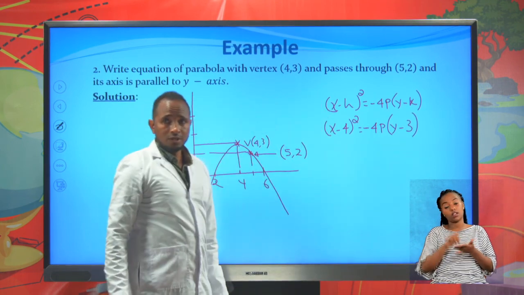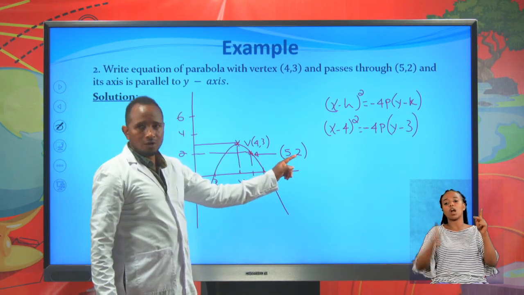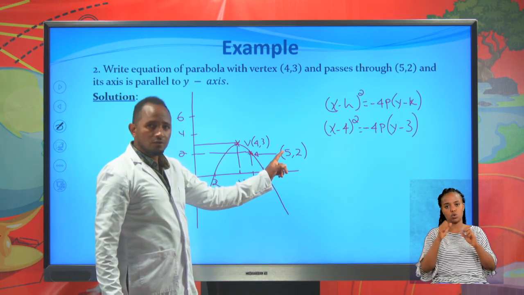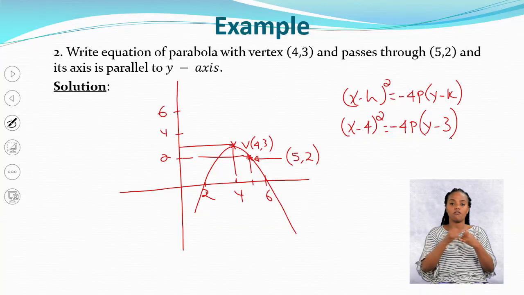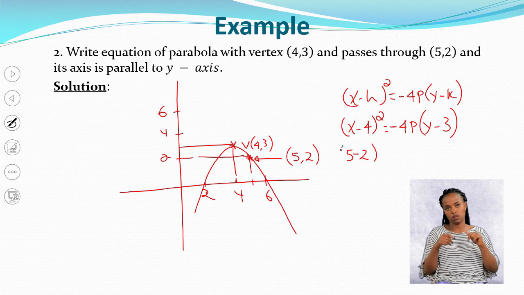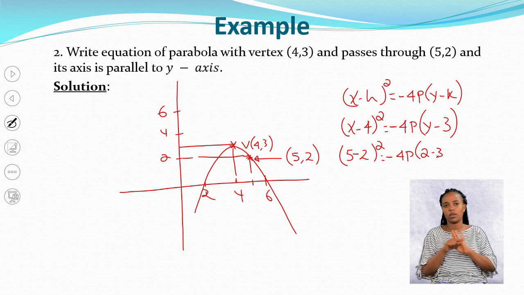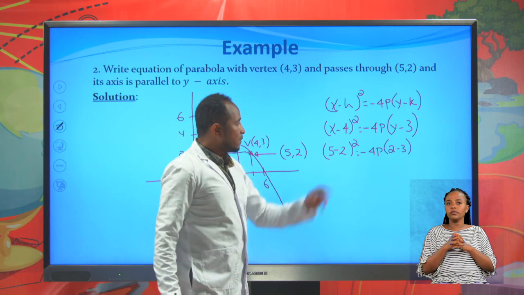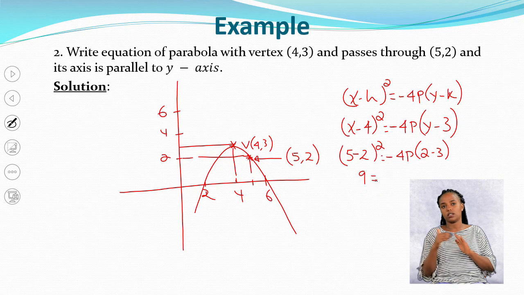This is the equation, but we need to find p. Since this parabola passes through the point 5 comma 2, you can put 5 in place of x and 2 in place of y, and then you can find the value of p. So 5 minus 4, the whole squared, is equal to minus 4p times 2 minus 3. 5 minus 4 is 1, squared is 1. Then 2 minus 3 is minus 1.